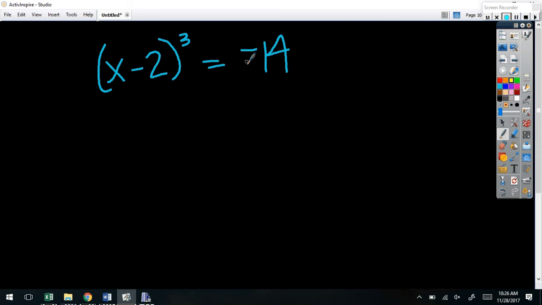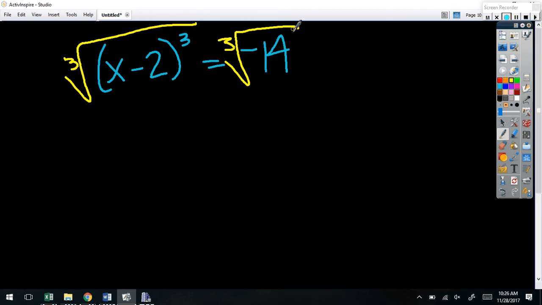You're going to cancel out the 3 on the left side by taking the root. You can't square root a negative, but can you cube root a negative? Yeah, you can. Is there any number that multiplies by itself 3 times to give you negative 14?